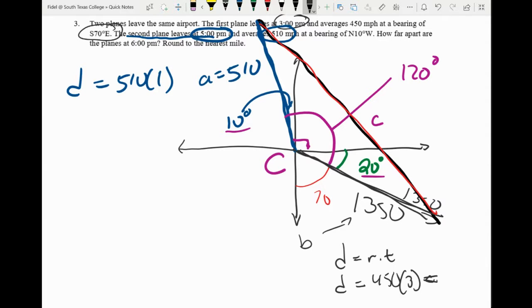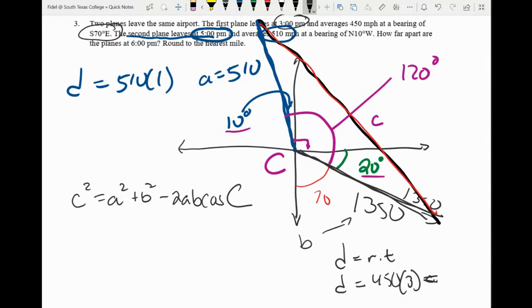So according to the law of cosines, this is the formula: c squared equals a squared plus b squared minus 2ab cosine of C. That's just the formula for the law of cosines. It's there in the notes, right?